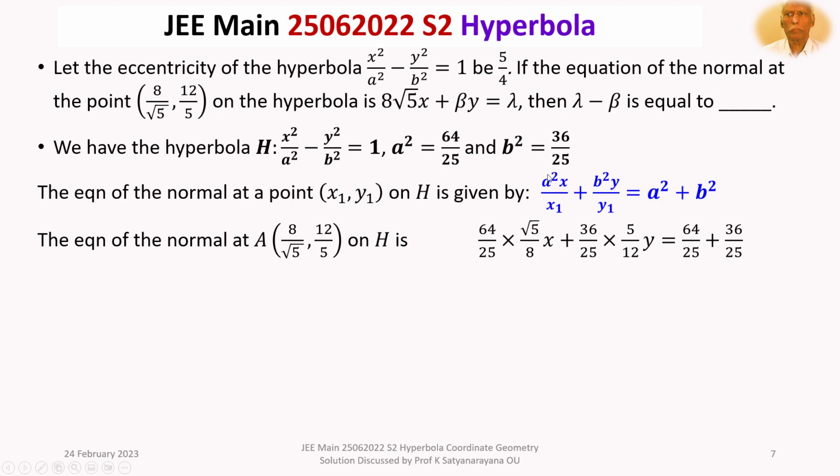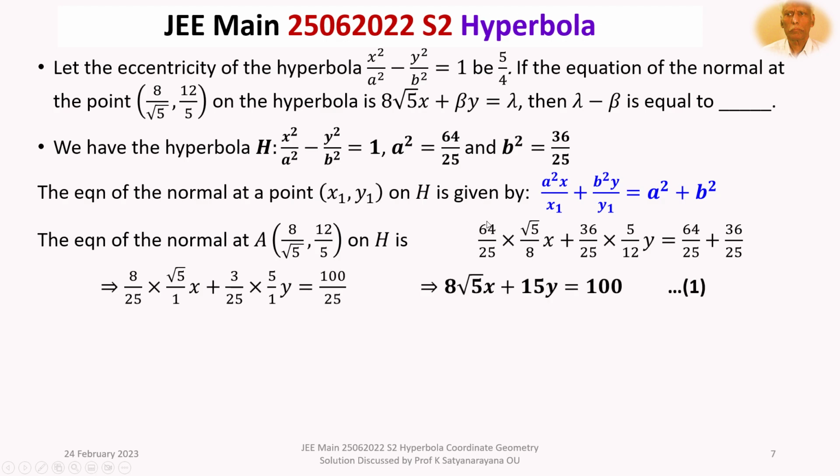So we get a square 64 by 25 into, by x1, that is root 5 by 8 x, and so on. We get this one. On simplification, 8 ones are 8, 8 eights are 64, and here 12 ones are 12, 12 threes are 36.